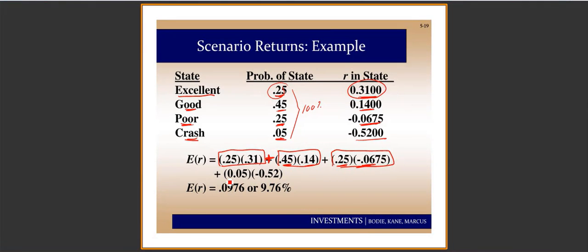So each one of these, we multiply the probabilities times the return should that event occur, and we basically add it together, and we get an overall average of 9.76%. That's the average, 9.76%, taking into account probabilities. In fact, we'd say if this happened over and over again, and we repeated each one of these, next period multiple times, we would expect long-term that the average would be 9.76%.